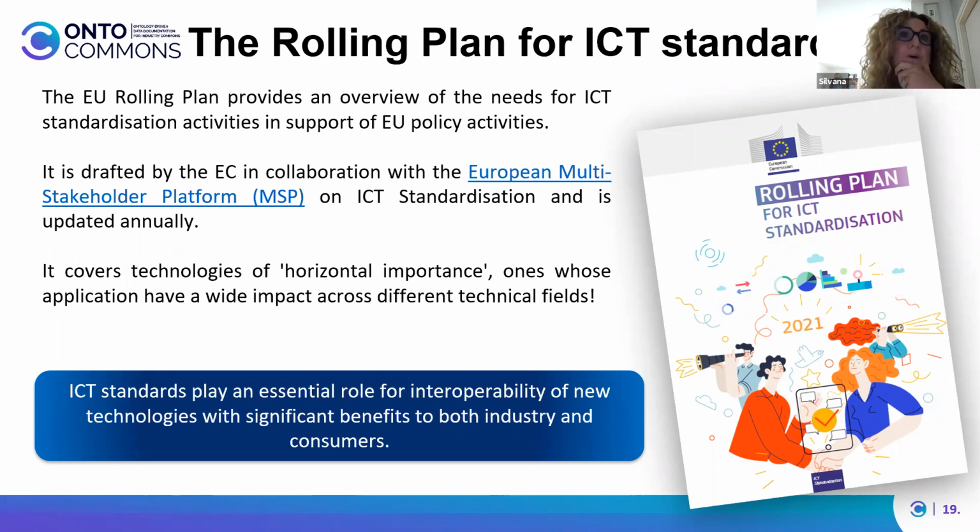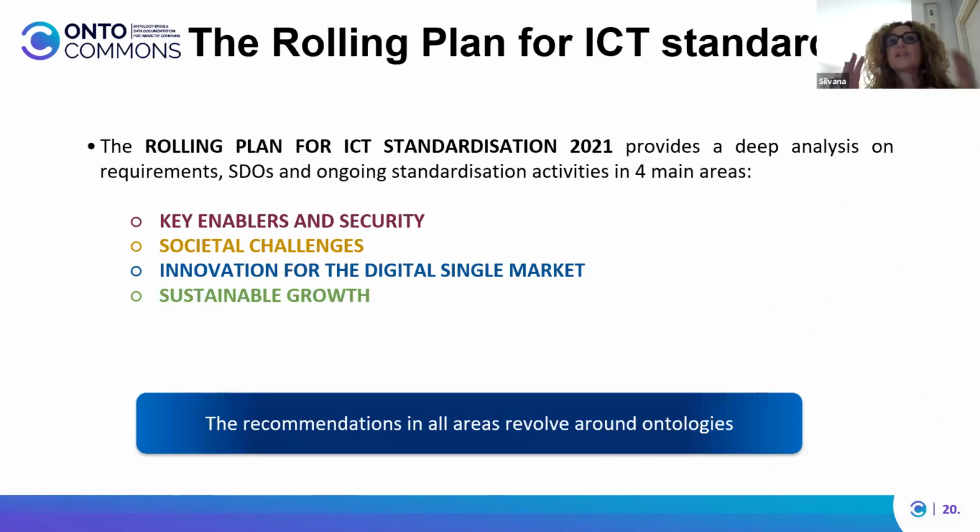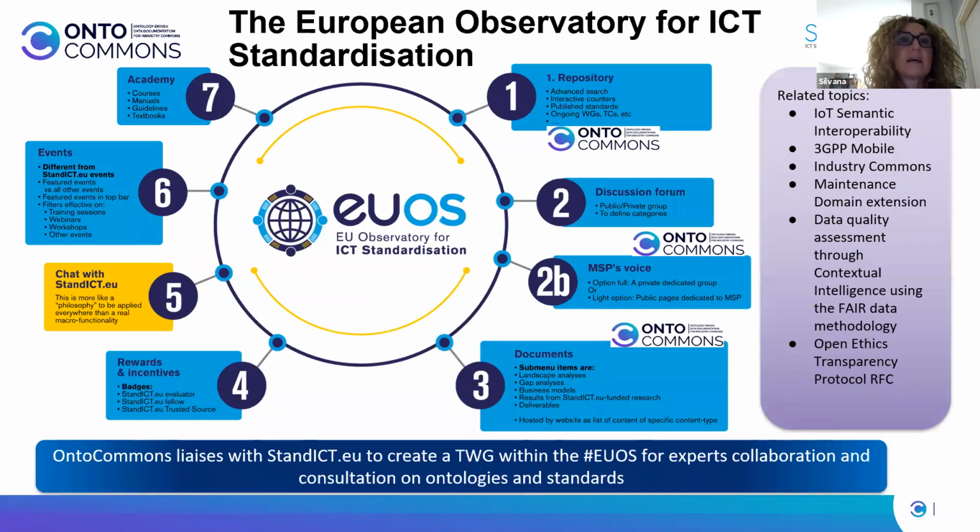So moving on, the rolling plan actually has a specific analysis around 4 main topic areas, which are the key enablers and security, societal challenges, innovation for the digital single market, and sustainable growth. And all recommendations in all areas revolve around ontologies. Moving on to the next slide.